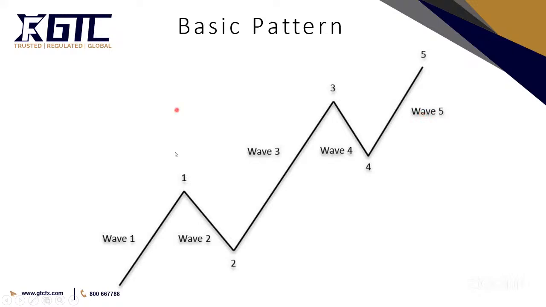And these waves are labeled as 1, 2, 3, 4, and 5. Only one thing to remember, brothers, when the market wants to take an uptrend, it will produce a five-wave rally, and that rally is labeled as 1, 2, 3, 4, and 5.